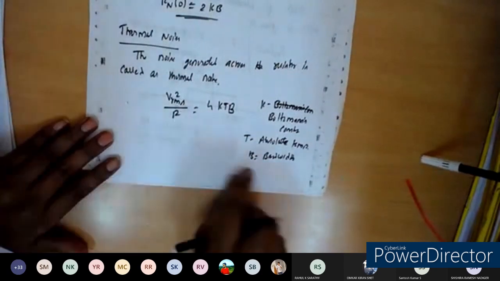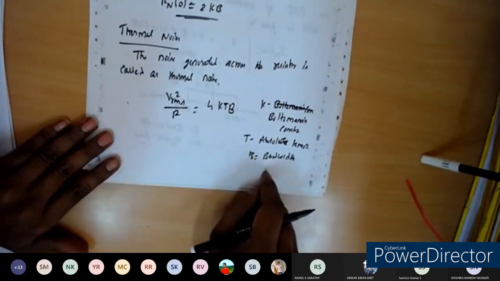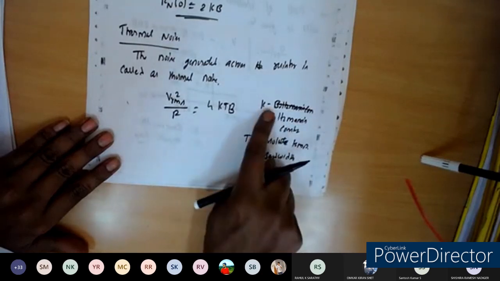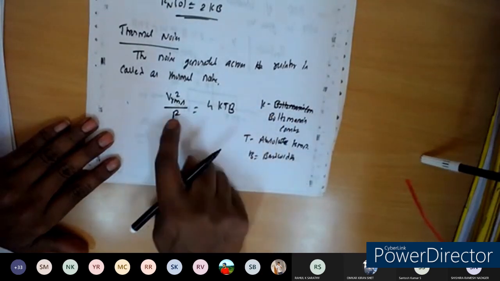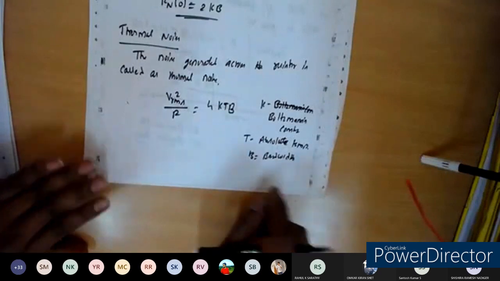Now for this thermal noise, there is a power spectral density which we can define in terms of the Boltzmann constant, the temperature across the resistance, and the value of the resistance.